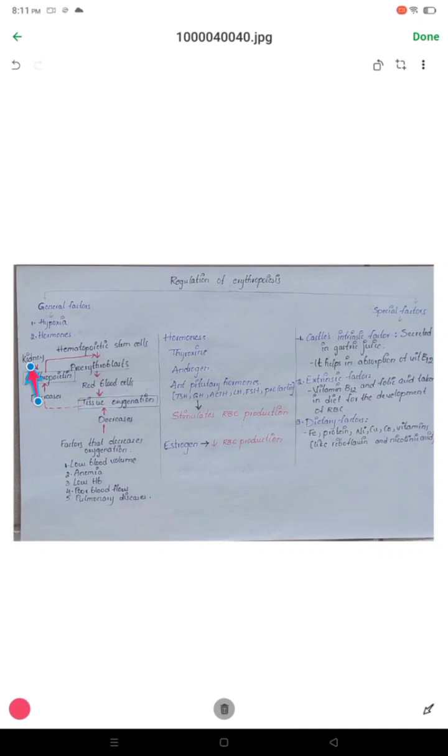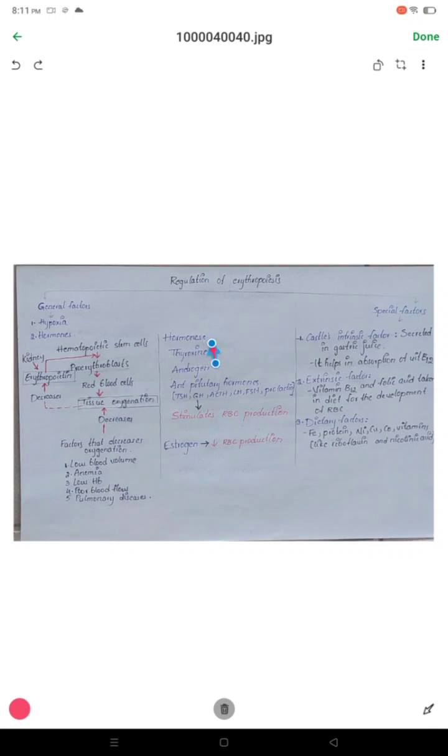Not only does it act on the hemopoietic stem cells to produce proerythroblast, but it also acts on all the stages to increase the production of RBC by releasing the mature RBC into the peripheral circulation to compensate the depleting oxygen.